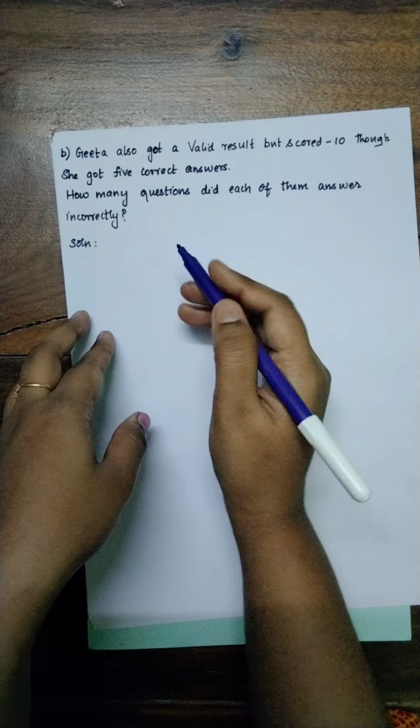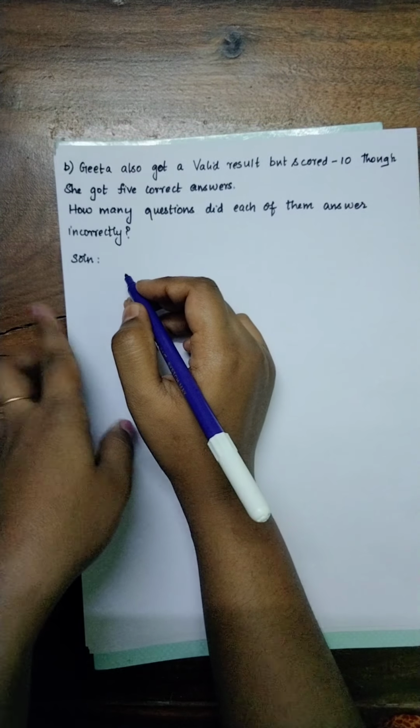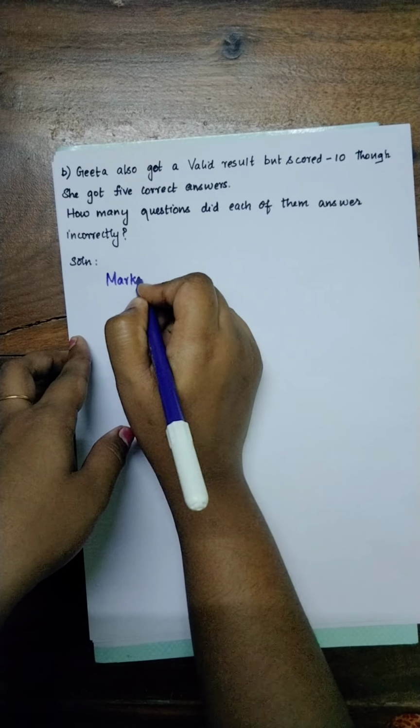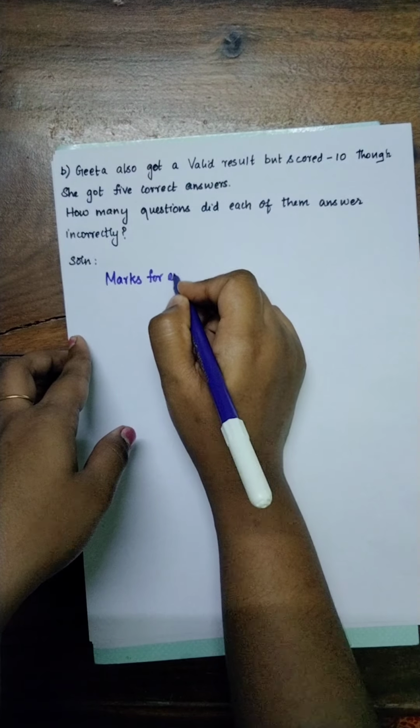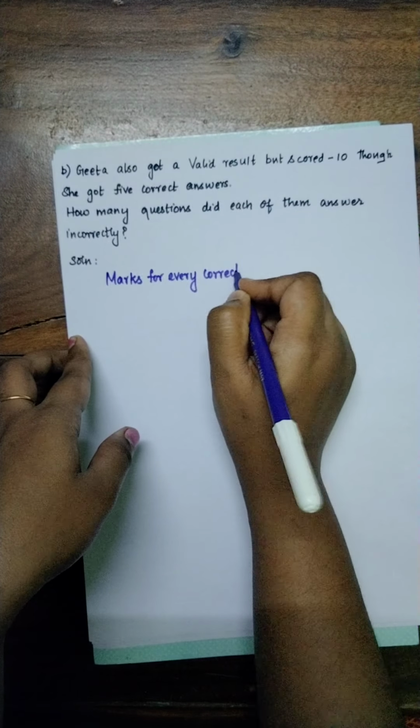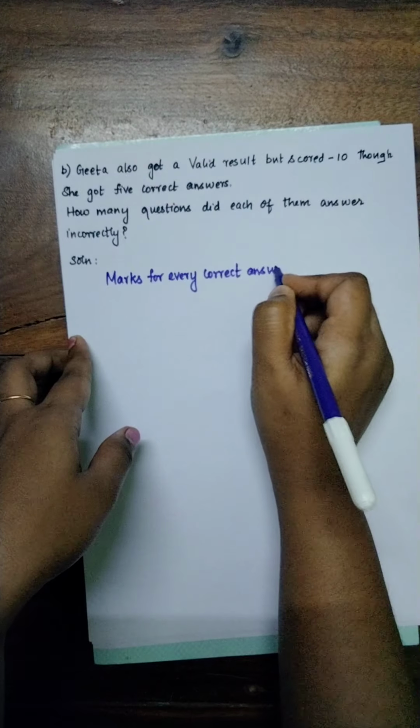First step, marks for every correct answer. First we are going to write the steps. Marks for every correct answer. How many marks are they giving for every correct answer?